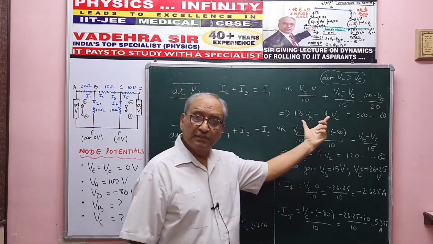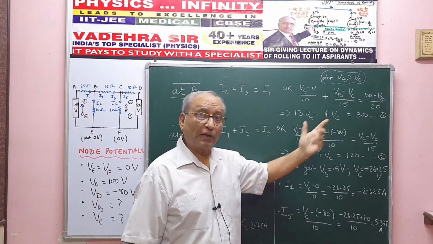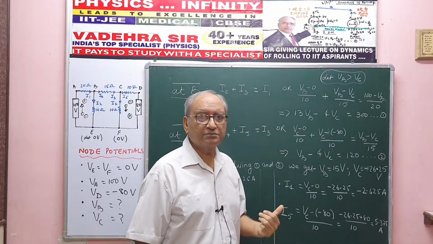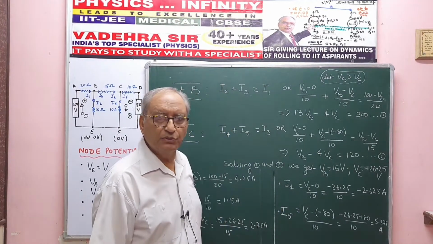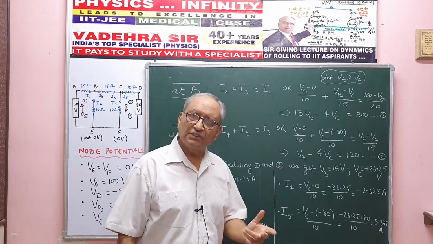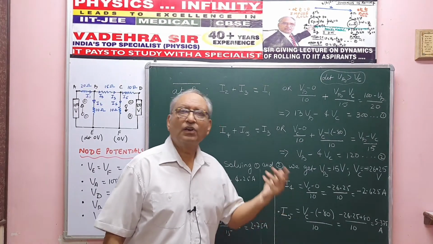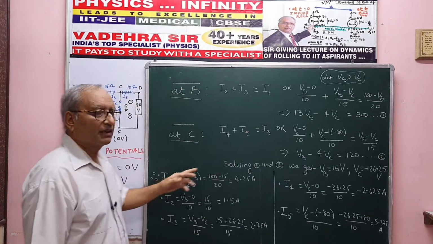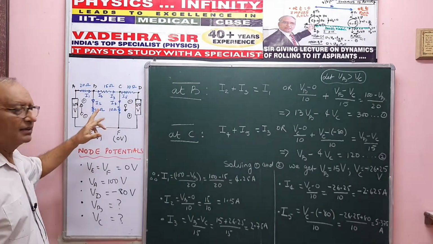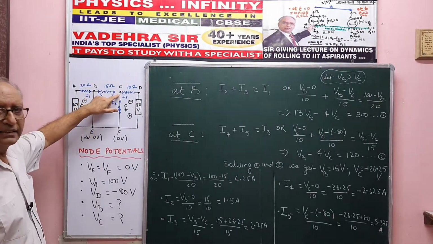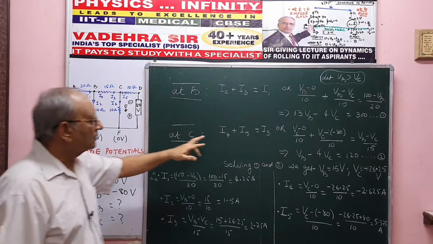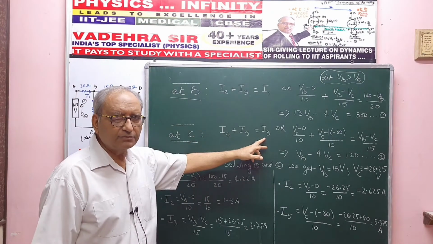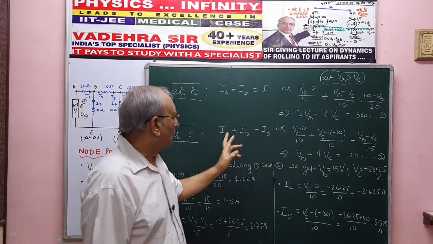I have two variables, VB and VC, so I need another equation to know their values, and for that, of course, I will use Kirchhoff's current law at C. Now at C, you can see very well that I3 is entering the node C, I5 leaving, I4 leaving. So I4 plus I5 equal to I3. Now what is I4?